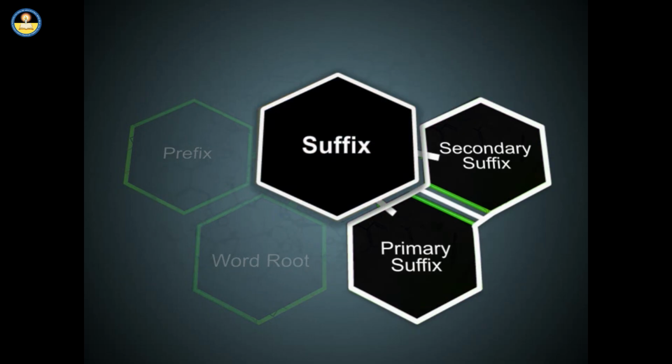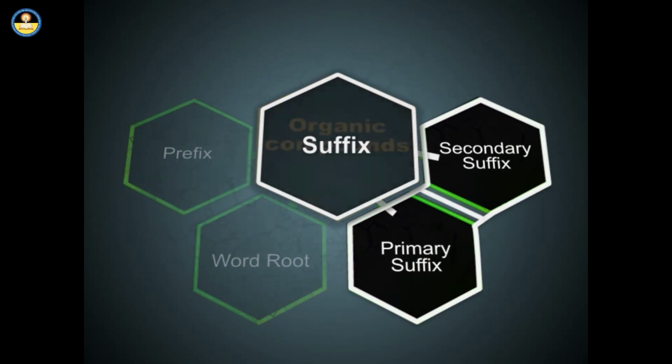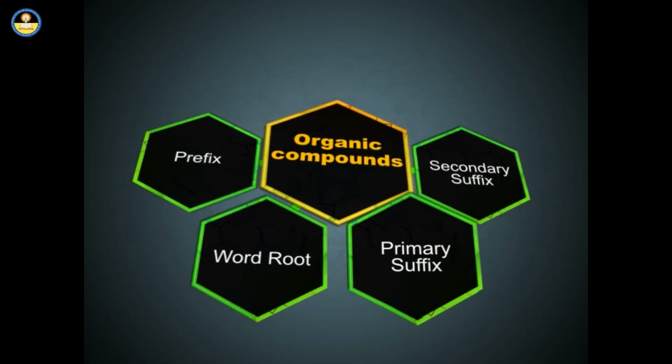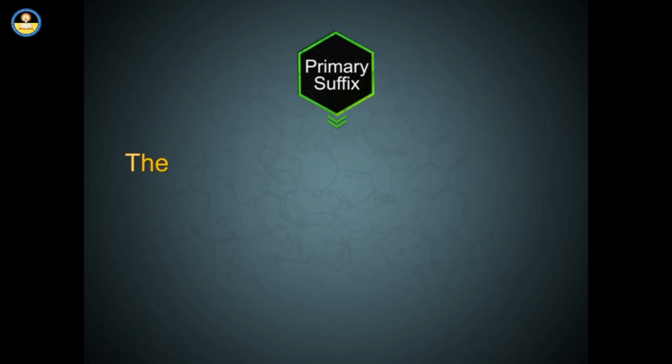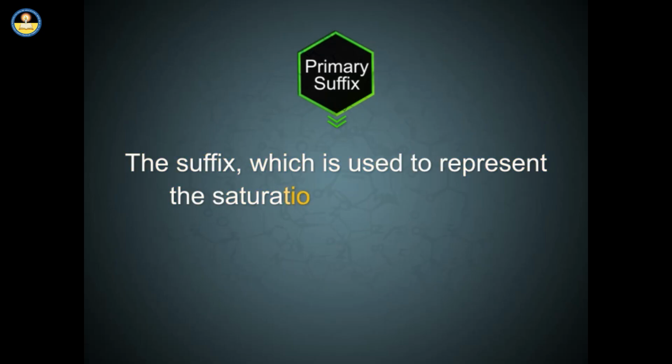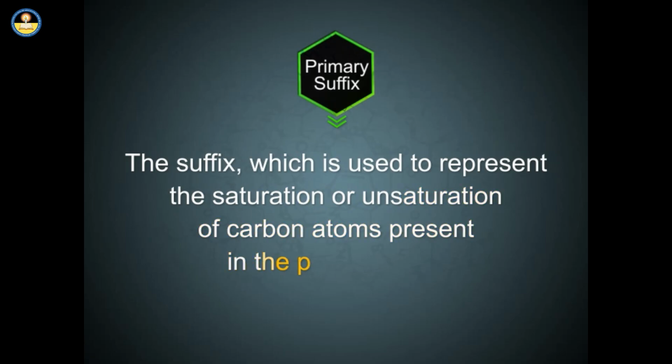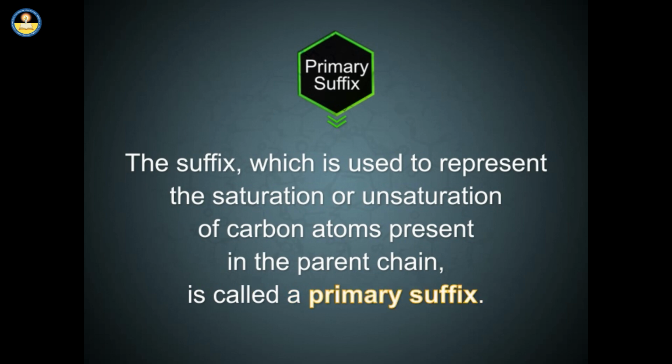Suffix can be of two types: primary suffix and secondary suffix. Primary suffix. The suffix which is used to represent the saturation or unsaturation of carbon atoms present in the parent chain is called a primary suffix.